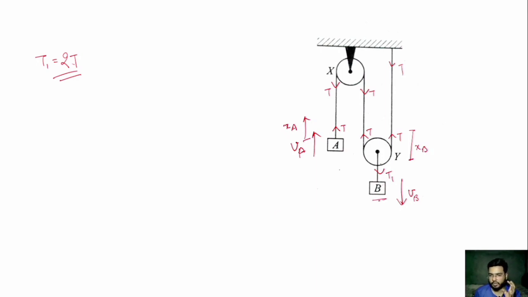Now focusing on the block at B, the force applied is 2T directly, T1 is equal to 2T, and the displacement is XB. This is the work done by string B.